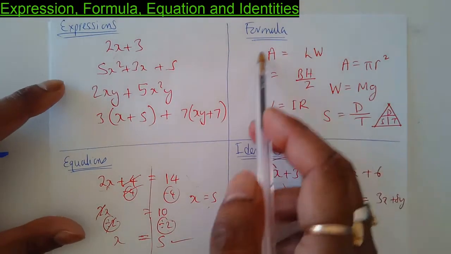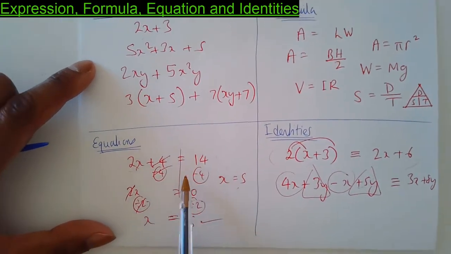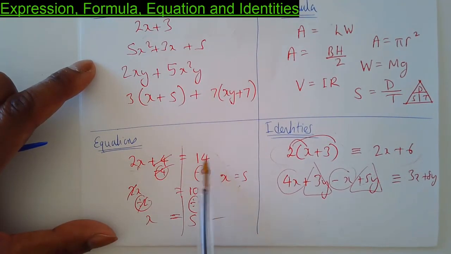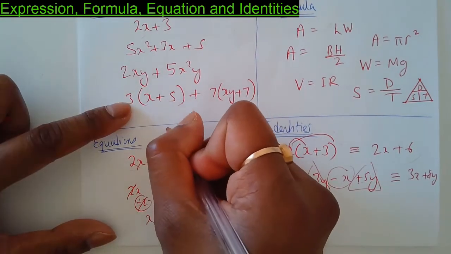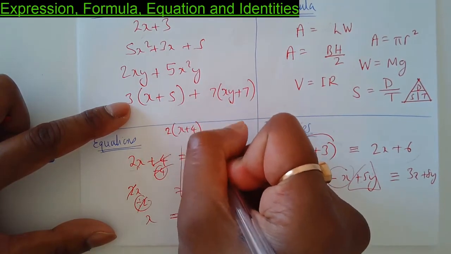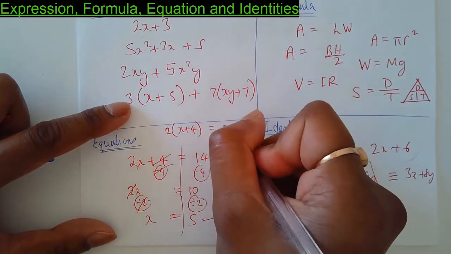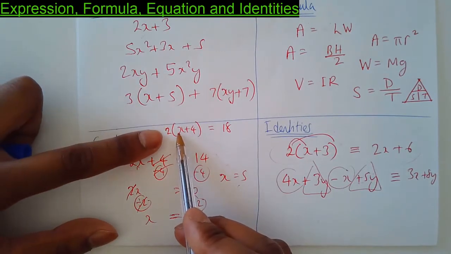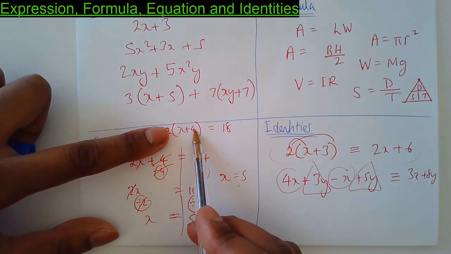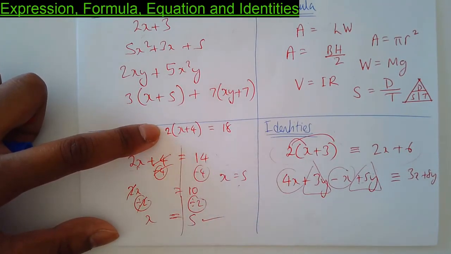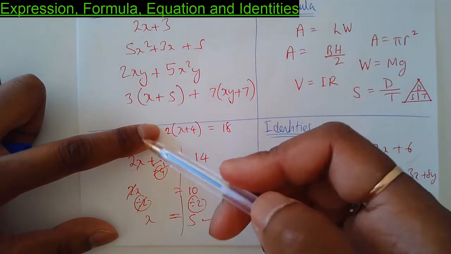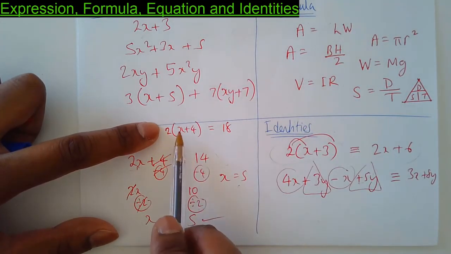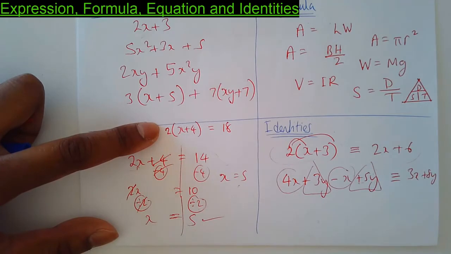These are formulas. Another example of an equation is something add 4 times 2 to give me 18. It's where you have to find the value of something to make both sides balance out.